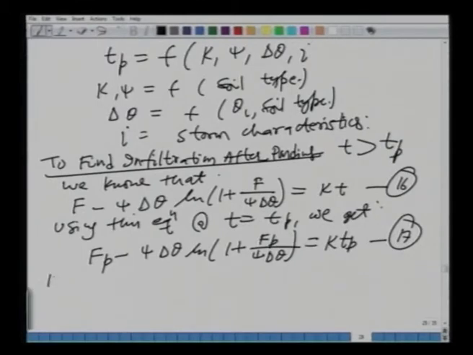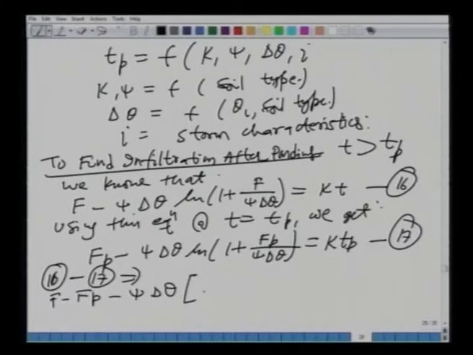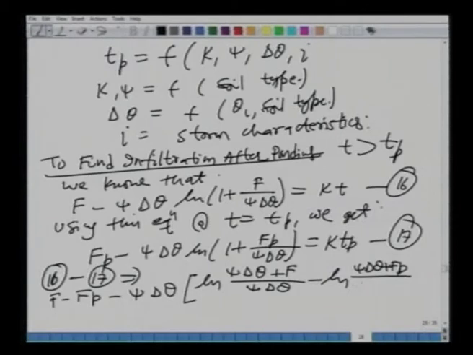If I subtract 17 from 16, that gives me F minus Fp minus psi delta theta, and in the brackets natural log of psi delta theta plus F over psi delta theta, minus natural log of psi delta theta plus Fp over psi delta theta.